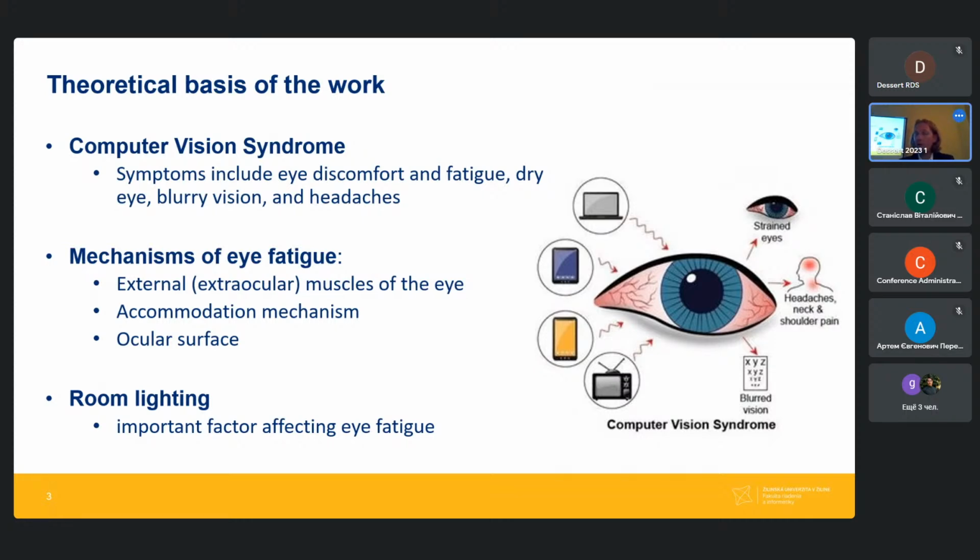The mechanism of eye fatigue involves the external muscles of the eye, the accommodation mechanism, or the ocular surface. An external factor we can consider in this study is room lighting. Lighting is an important factor affecting eye fatigue.